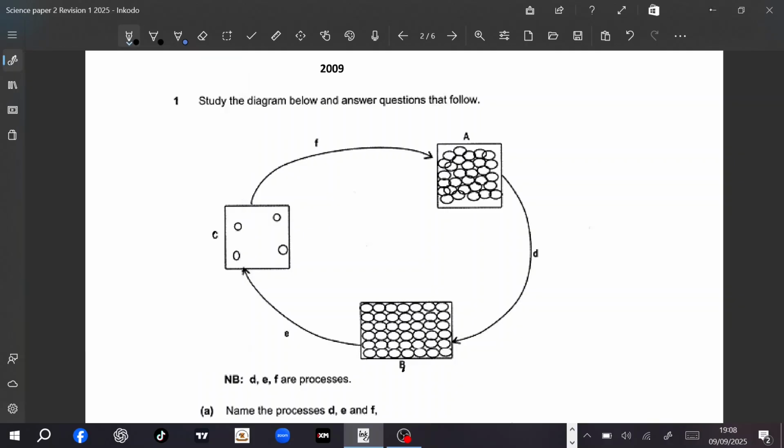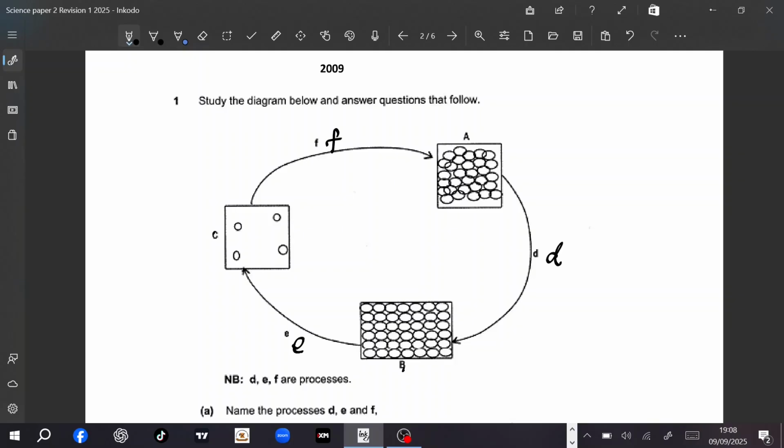You have capital A, capital B, capital C. Okay? Then we also have small letters. This one should be F, D, and E.